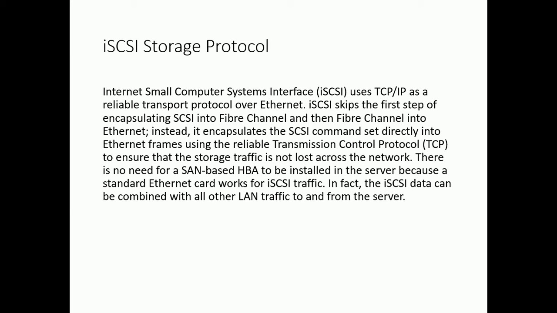But what iSCSI does, instead of using ribbon cables, is use Ethernet as its transport mechanism. Because it uses just standard Ethernet cables, it uses the Ethernet protocols, IP addresses, and all those other things that we talk about with networking. It uses the same protocol stacks that we're familiar with in all other areas of networking.